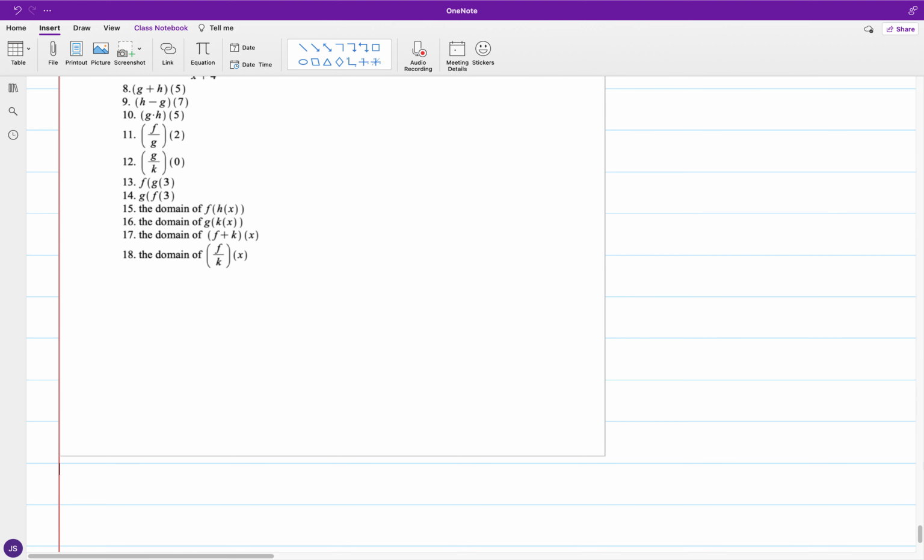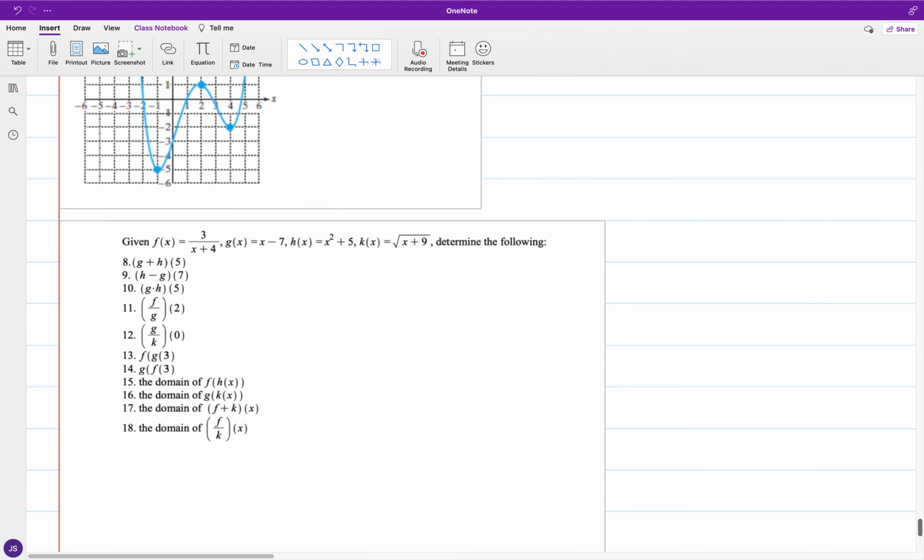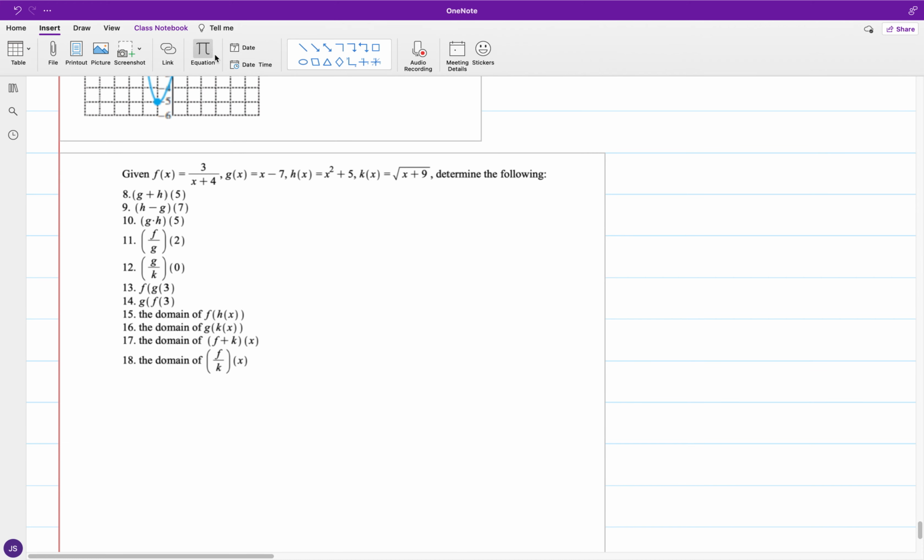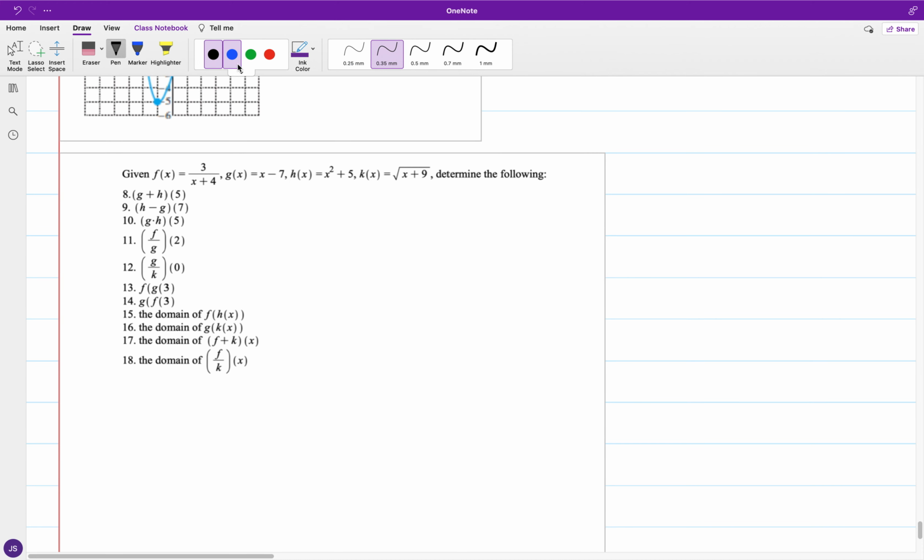Here we got f of g of 3, for number 13, which could be presented as f composed of g of 3.